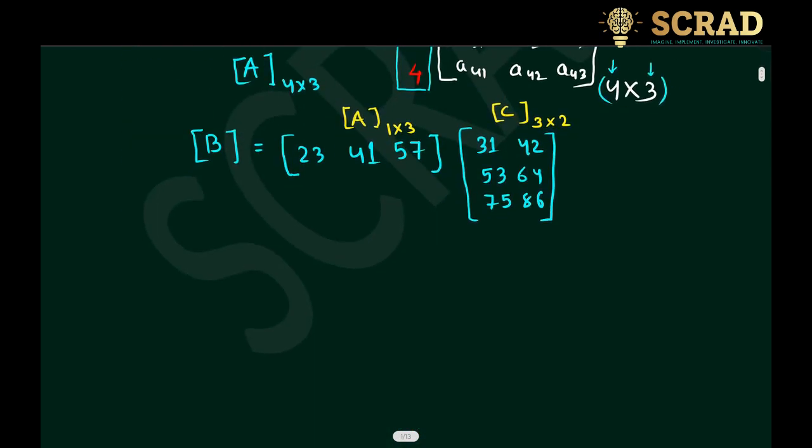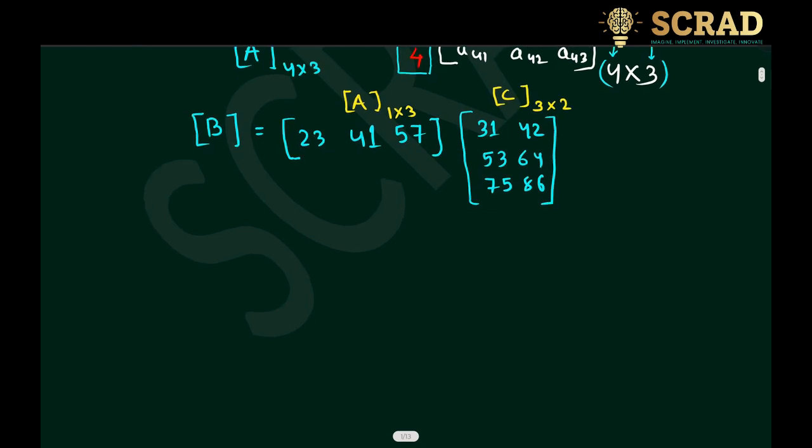To understand what the resultant matrix is, I'm just briefly explaining how we do multiplication of matrices. Let's say we take a matrix X and another matrix Y. We have some elements in the X matrix and some elements in the Y matrix, right?